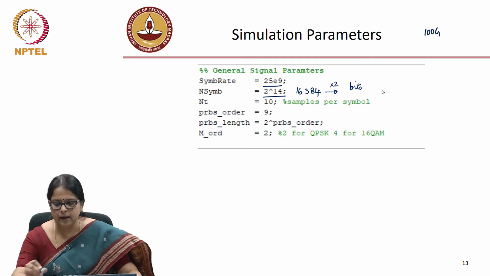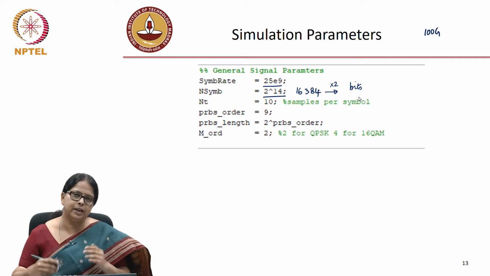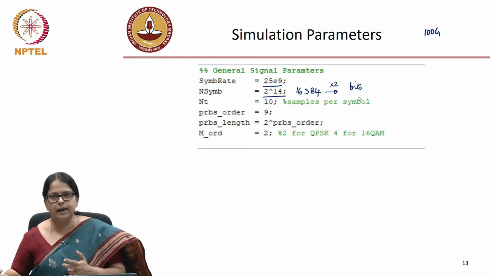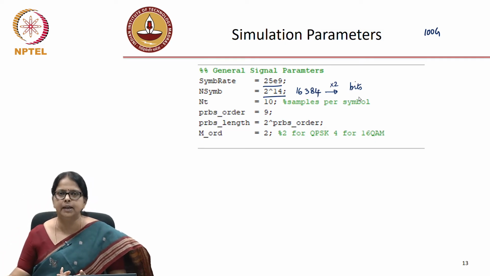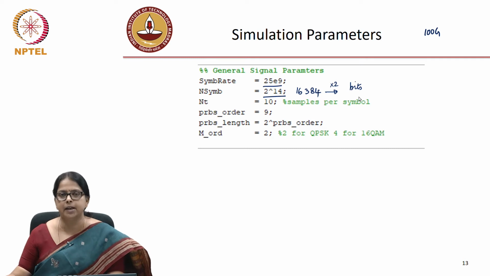of 16 QAM. Let us stick to QPSK, and the reason for choosing this number of bits is because you need to be able to arrive at a statistically reliable number for bit error rate.